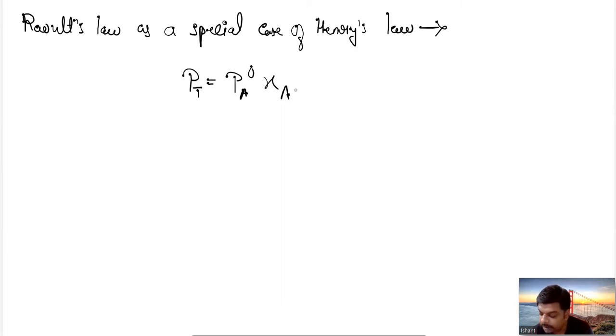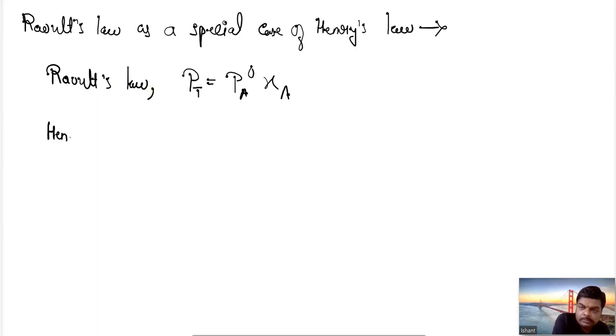And for that condition we will use Henry's law. So that is according to Raoult's law. But according to Henry's law, the vapor pressure is equal to Kh, meaning Henry's law constant, times the mole fraction.